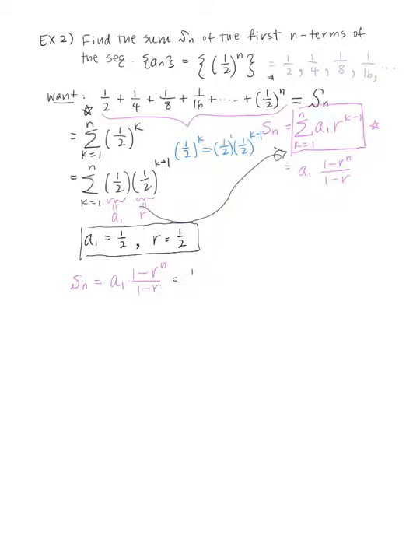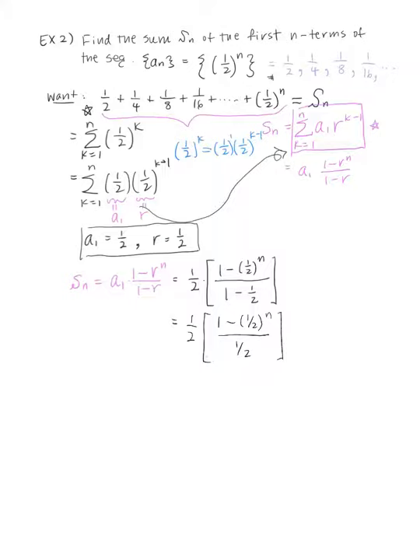Which is 1/2 times 1 minus 1/2 to the n, whole thing divided by 1 minus 1/2, which is 1/2 times 1 minus 1/2 to the n all over 1/2.